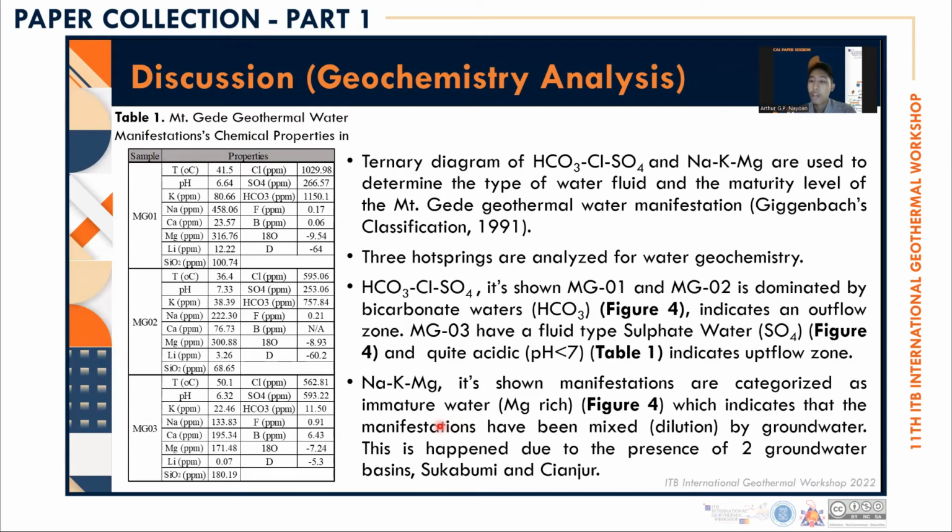This is normal because in our area there are two groundwater basins, the Sukabumi and Cianjur groundwater basins. That means in our research area the groundwater itself is near the surface, so the manifestations easily mix with the local groundwater.